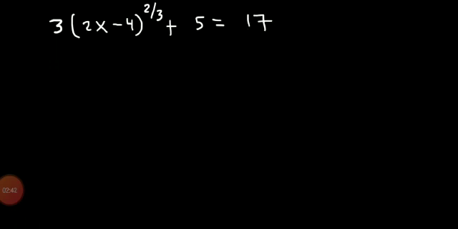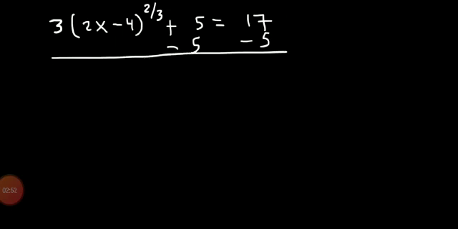Again for verification, the value of x we have to put in the original equation. This is question number 3, and its index power is 3, and the exponent for 2x minus 4 is 2 by 3 whole power. First of all, as we have done in questions number 1 and 2, the 5 we have to shift to the other side.